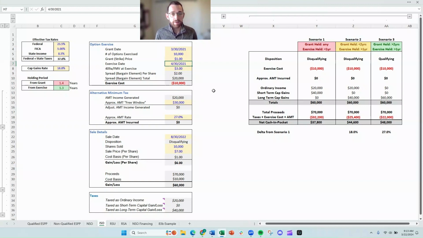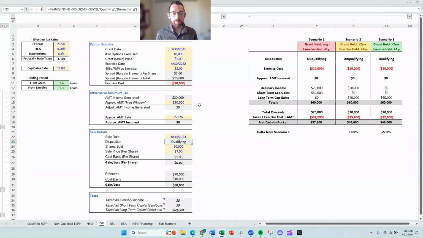And so in the final scenario here, let's now assume that we had a qualifying disposition. So that means that this, let's say, is August of 2023. And so now we've held the shares. The time from the date of sale to the grant is longer than 2 years, and the time from sale to the exercise is longer than at least a year.